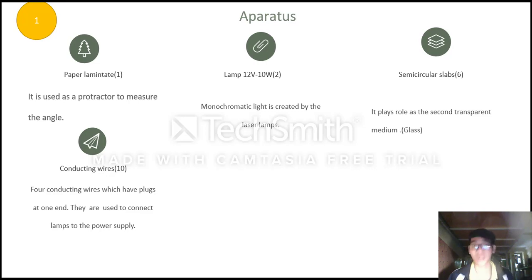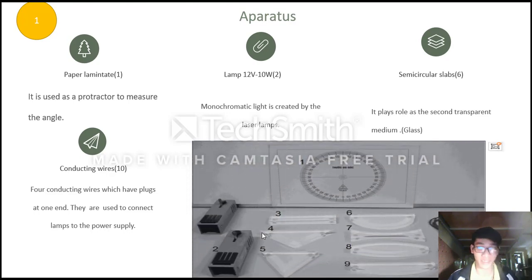Whenever the lamp is connected with the power supply and we turn it on, the monochromatic light will appear. Yes, this is a figure of our experiment setup: the paper protractor, the lamp, the semicircular slab, and the conducting wire.